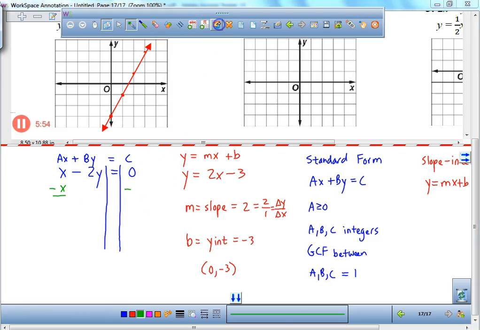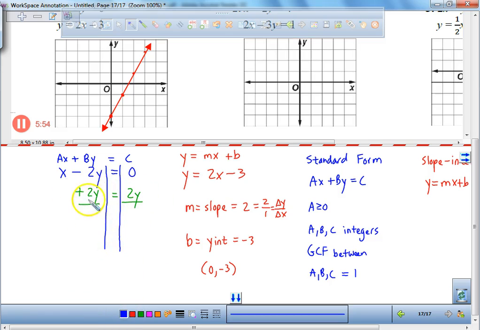Another way to do it is, if you wanted to, you could technically add 2y to this side and add 2y to this side. Now, what's the benefit in this particular case of adding 2y to both sides? I have an x on the left, and what do I have on the right? 2y. And everything's what?